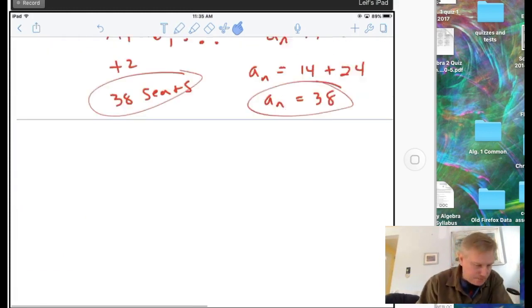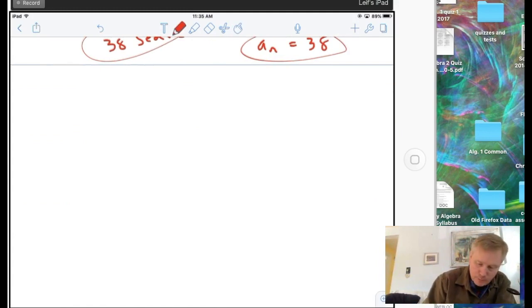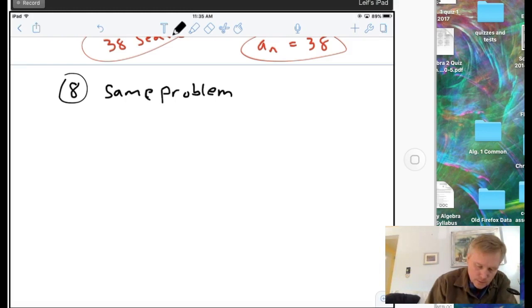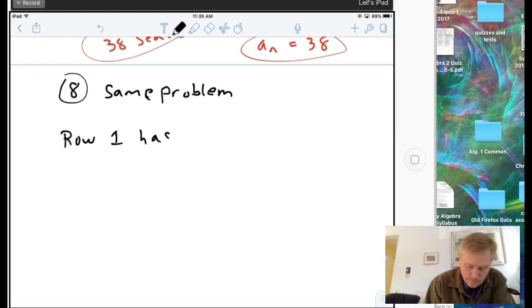Last problem, why don't you try? Number 8. Same problem, same setup. Except row 1 has 20. Row 2 has 23 seats.